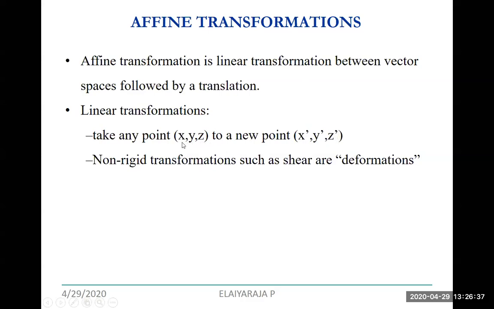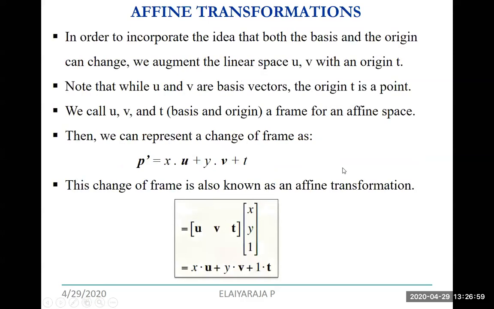If you give double the input, you get double the output. If there is any change in this, that is a non-linear transformation, so non-rigid transformations such as shear or deformations.